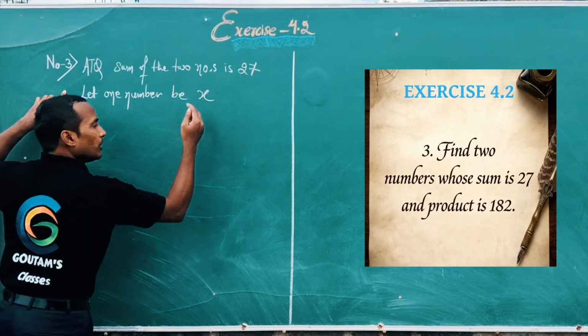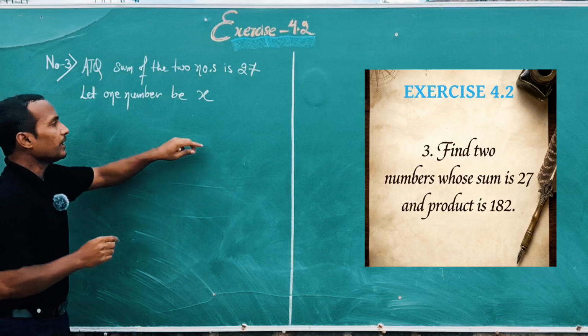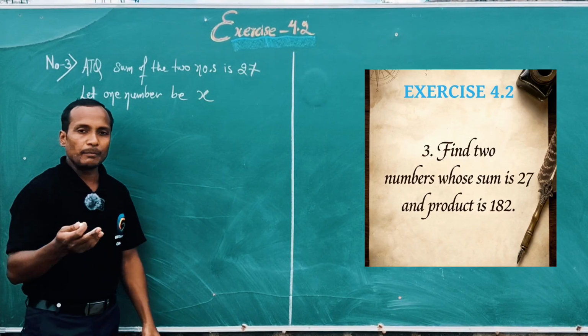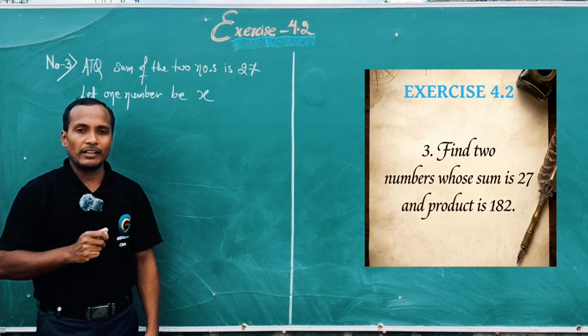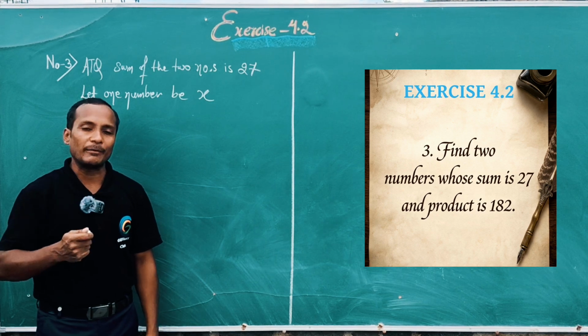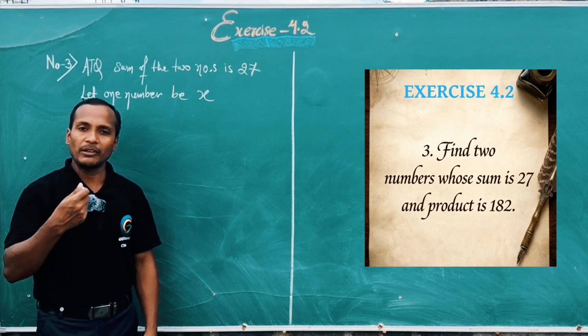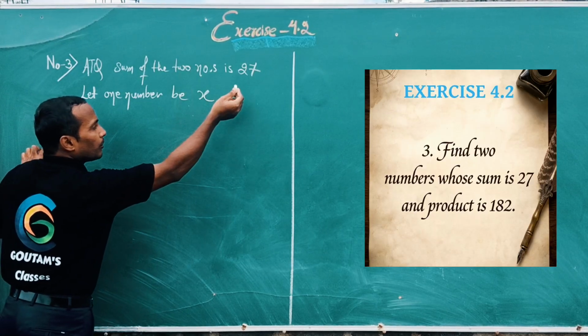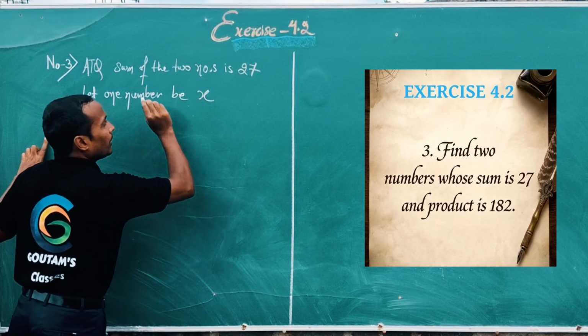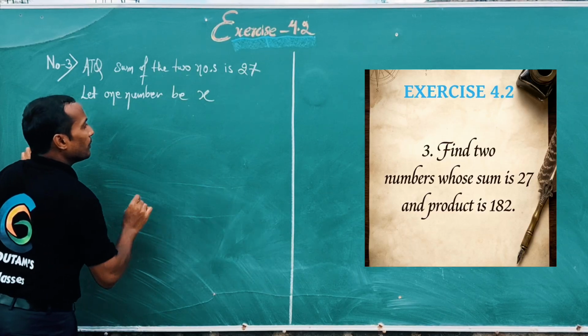Then what can you say about the other number? Other number will be definitely 27 minus x. It's simple. Like suppose I and you together have 10 chocolates. I have 4 chocolates. Then how many you have? Obviously 10 minus 4, 6. So similarly, if one number is x, then the other number will be 27 minus x, because sum of the two numbers is 27. That's simple.